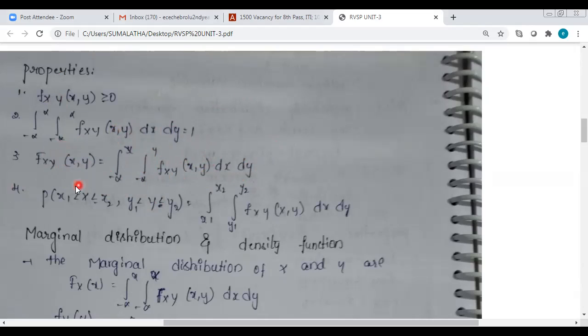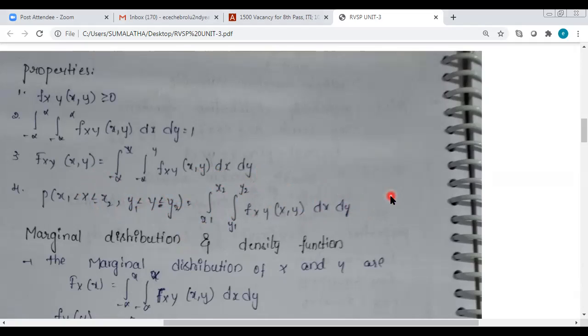Next the fourth property is P of x1 is less than x is less than or equal to x2 comma y1 is less than y is less than or equal to y2, is equal to the integral x1 to x2, integral y1 to y2 of small fxy of x comma y dx dy.